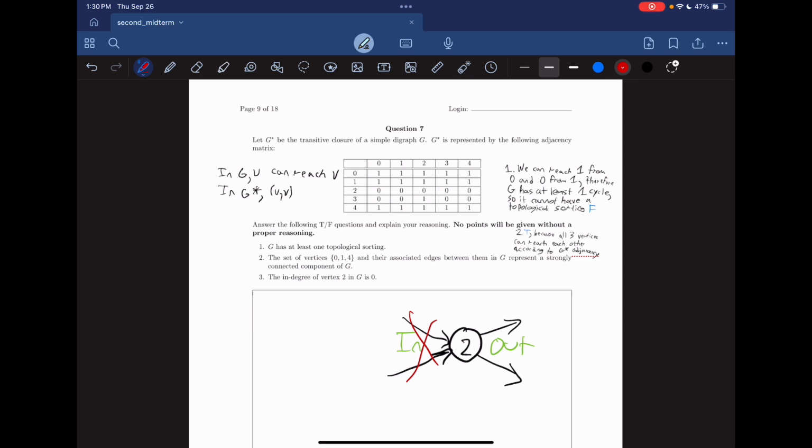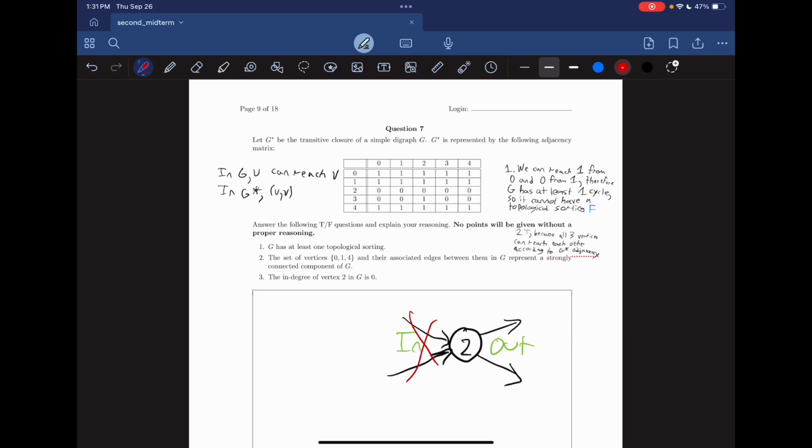So if the number of in degrees of vertex 2 is 0, then logically we can reach the assumption that it is impossible to reach 2, right? Because if there are no edges going into 2, then no other vertex could ever reach 2. There is no way to get into 2. It's like having an airport that only has planes flying out, but there's no planes flying in.